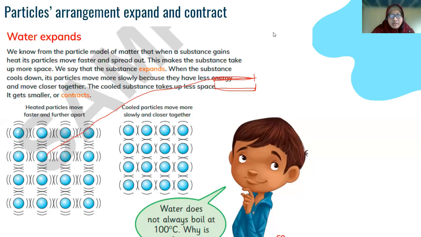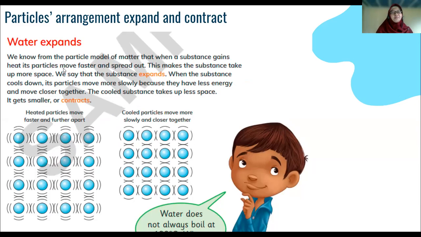And this one, particle arrangement: expand and contract. So water expands. When the particles of the water get closer to each other, we call this contract, and when they get further from each other, we call this expand. Whether they contract or expand depends on the heat, on the temperature.